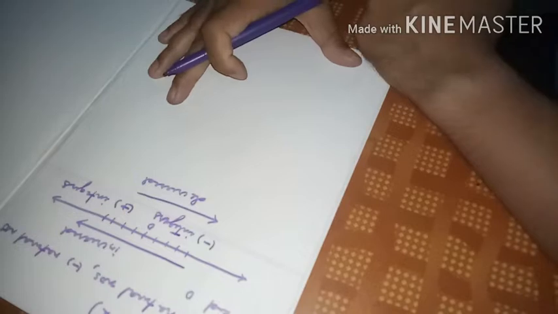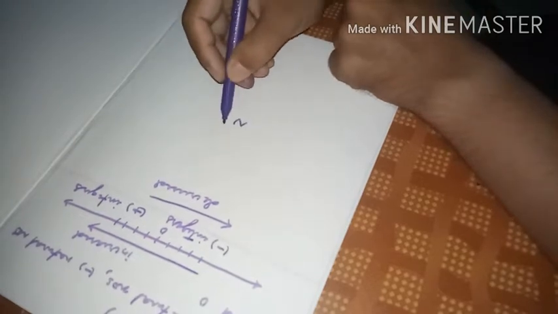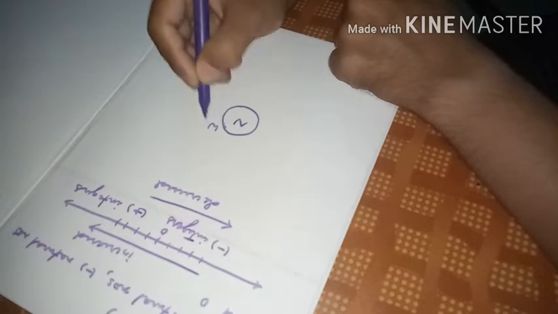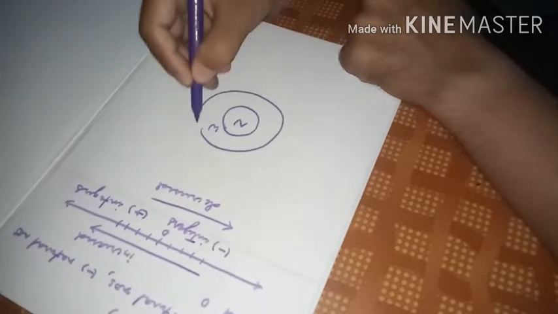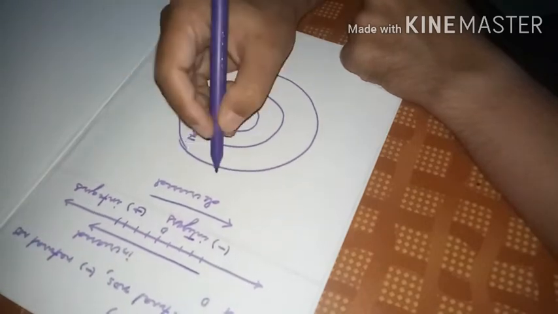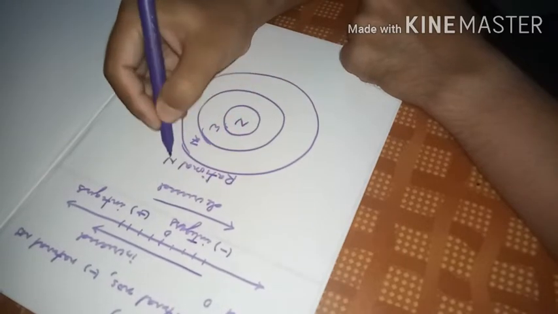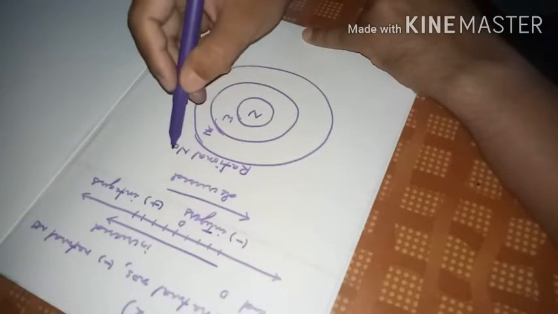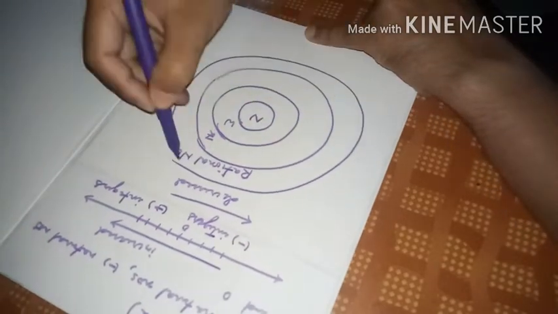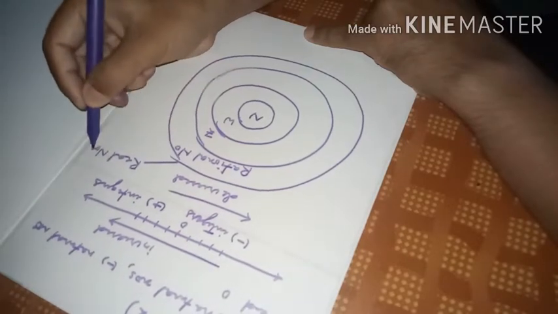Now this number system we can represent in the form of a diagram. First of all, natural numbers are included in the whole numbers, and the whole numbers are included in the integers. Then integers are included in the rational numbers, and rational numbers are included in the real number system.